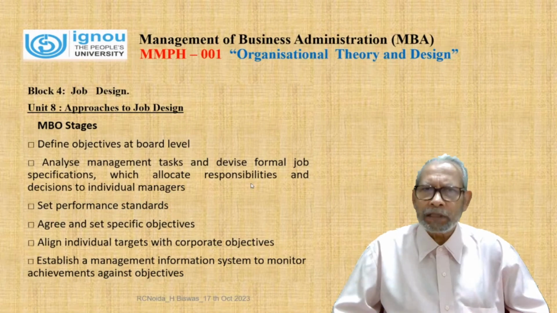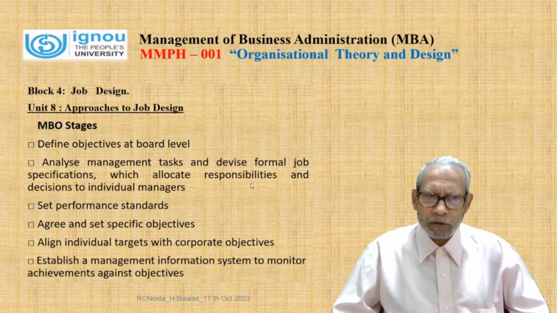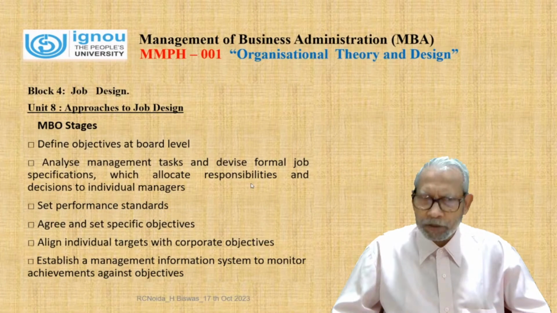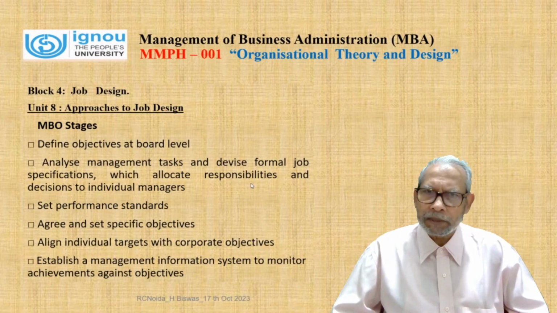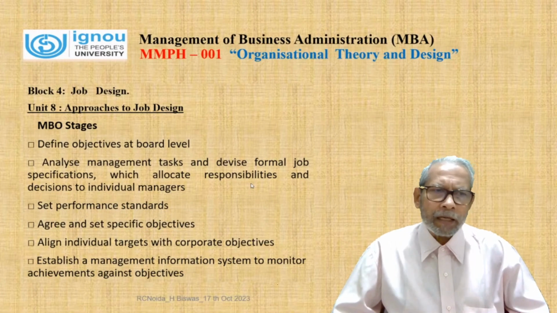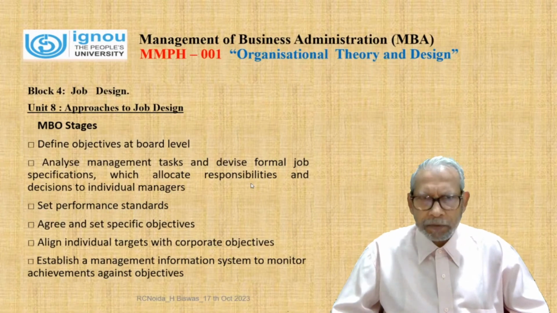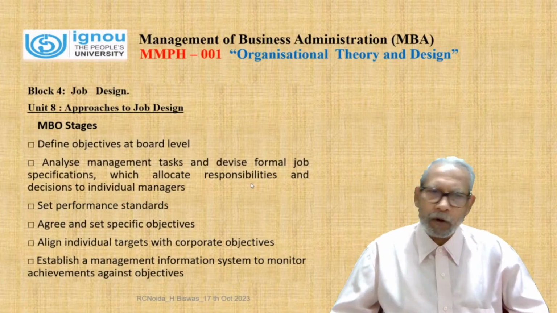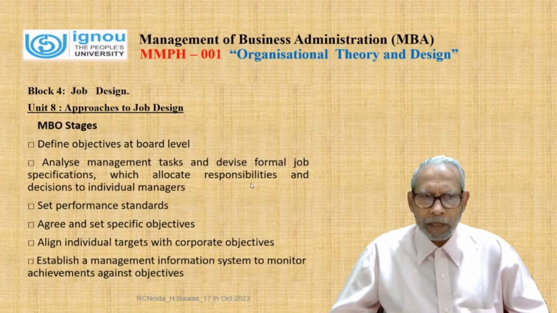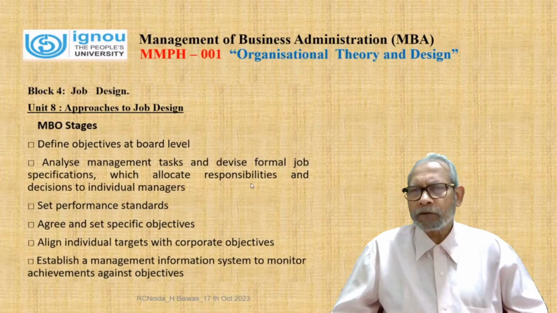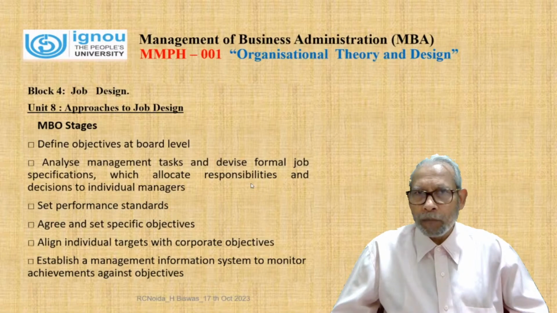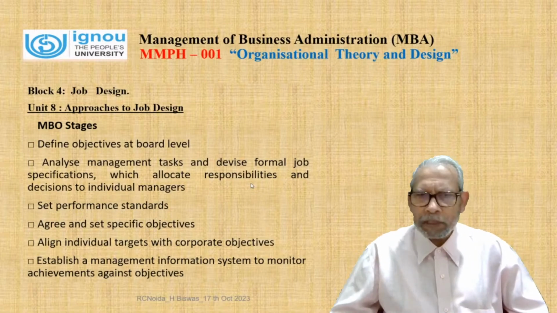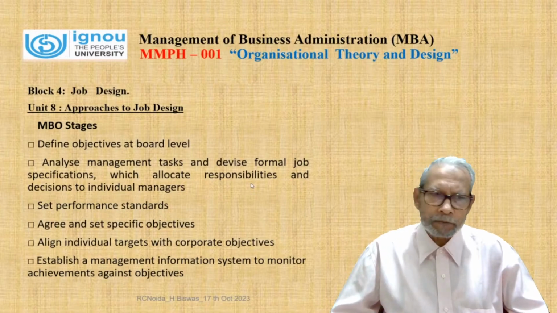Then set the performance standards, because standards are also there, or you can say some procedural standards. Agree and set specific objectives on all levels. Align the individual targets with the corporate objectives, because the corporate objectives are different and individual targets are also different, but individual targets should be aligned with the corporate objectives.